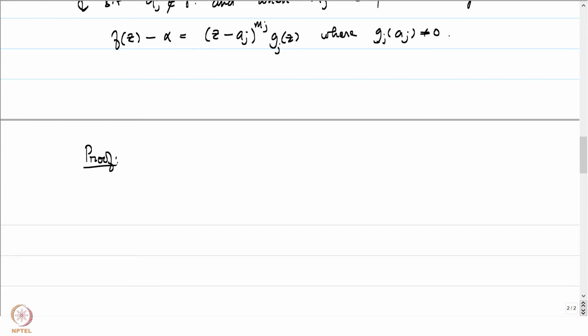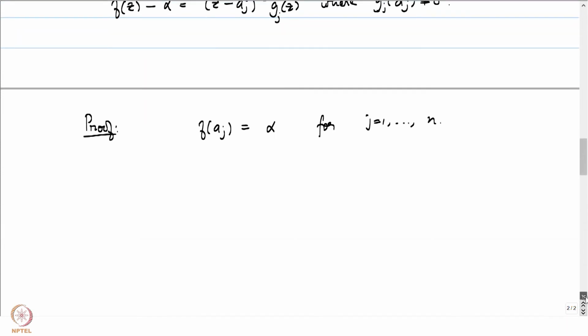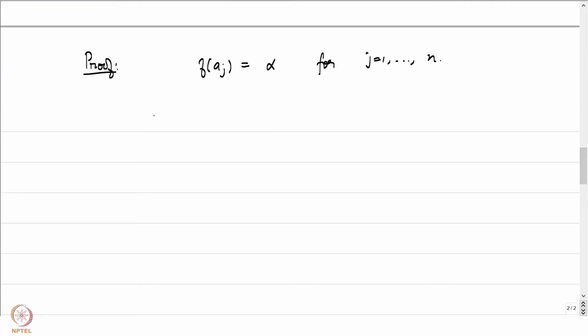What do we know? We know that f of aj is equal to alpha for j equal to 1 to n. And we also know that f of z minus alpha has multiplicity mj at aj. So the first thing to note would be that if you look at f of z minus alpha, that is a function which I'll just call h of z.